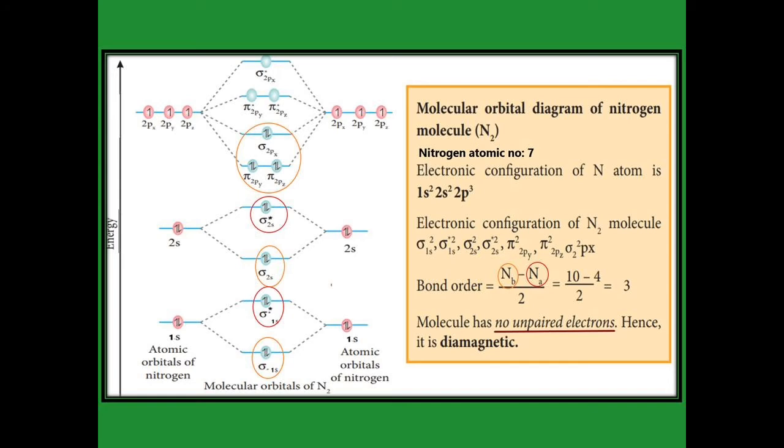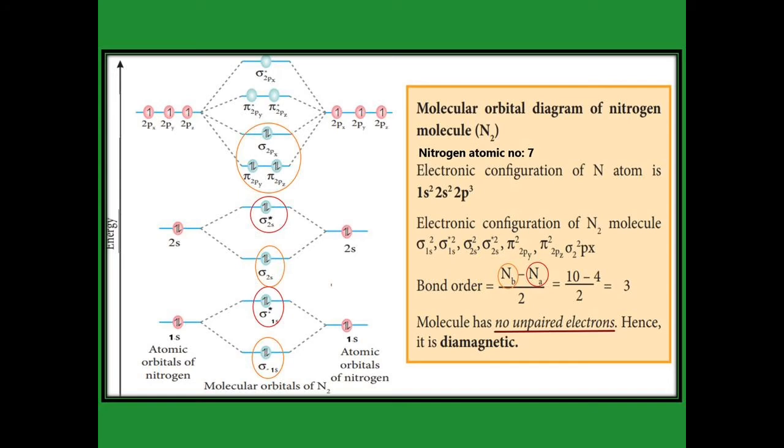The next one is 2p3. In 2p3, 1 electron is occupied in each of 2px, 2py and 2pz. We know px lies along the molecular axis, so px combining forms sigma 2px, and py and pz both undergo lateral overlap and form pi.